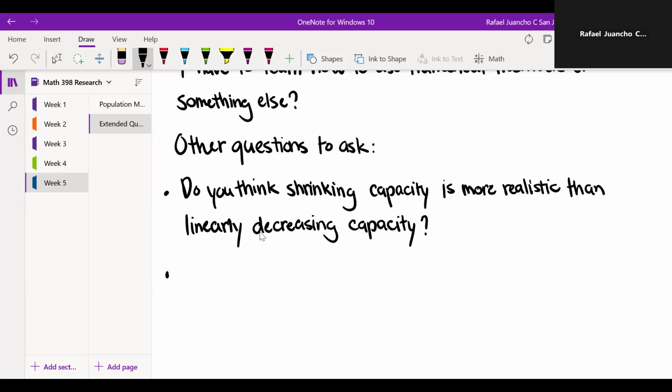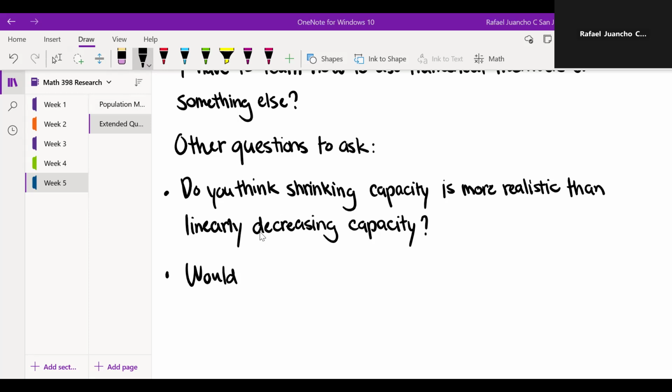I guess another question to ask is, well, what real world examples could this model represent? Or no, actually not that, because I already know there are real world examples.